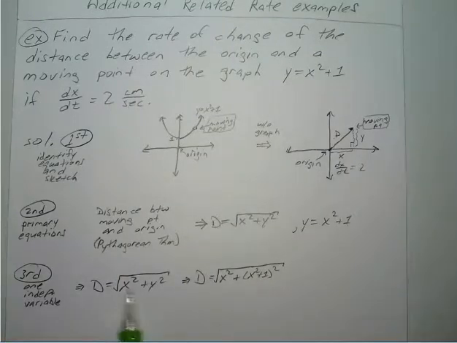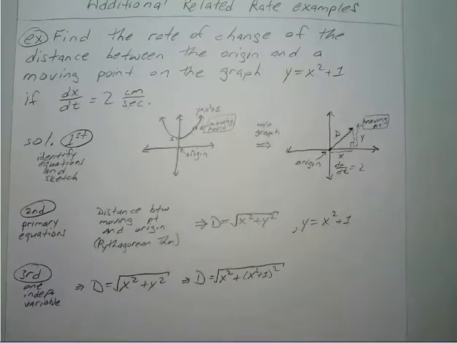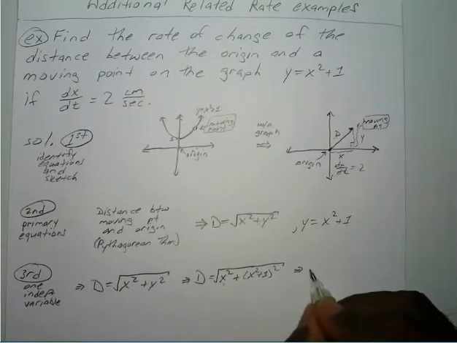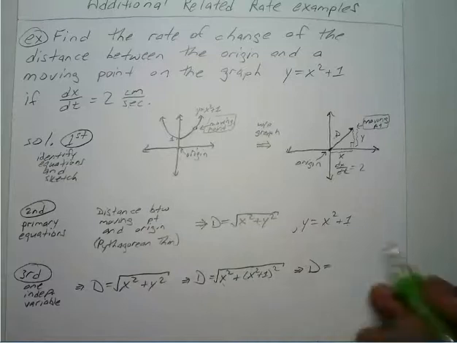Okay, so we no longer have two variables. We replace that y, so that y squared becomes this squared. So now we just have an x variable. So once we make this x squared plus 1 times x squared plus 1, we go ahead and FOIL that out, and then we can combine those two.